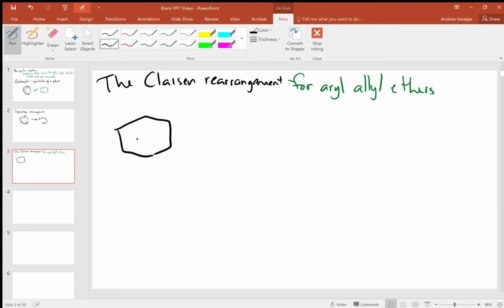And so in a Claisen rearrangement, we need an oxygen attached to our aromatic ring, and then an allyl group directly attached to that oxygen. And you need high temperature, 250 degrees Celsius, for this reaction to go.